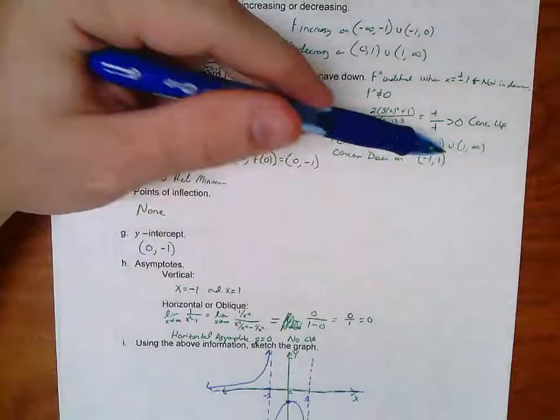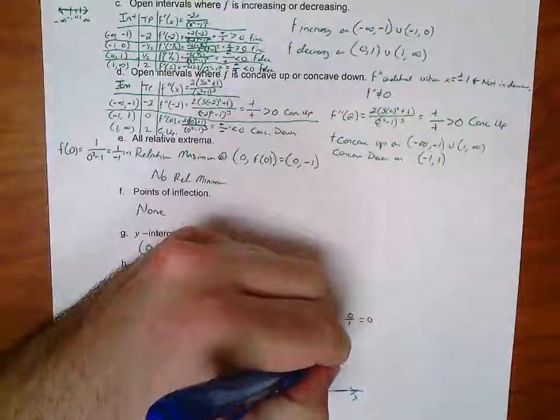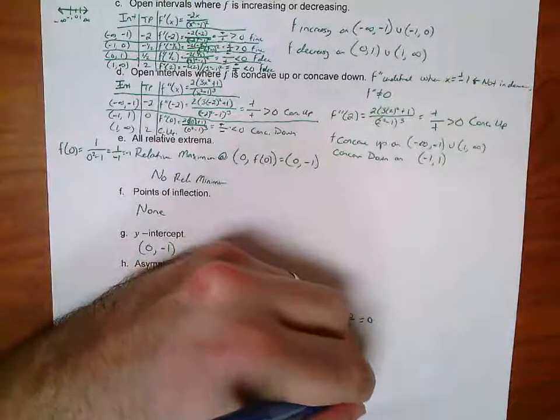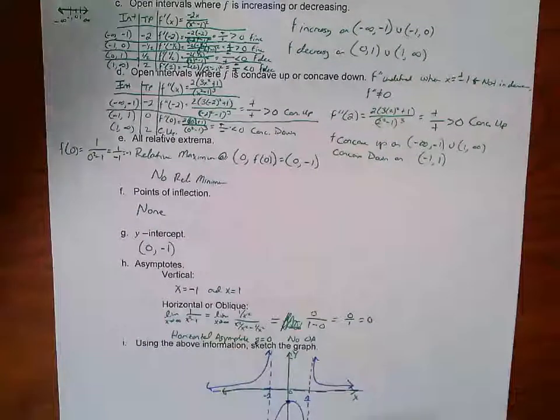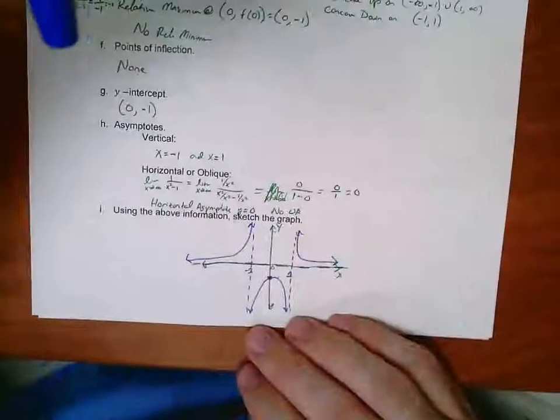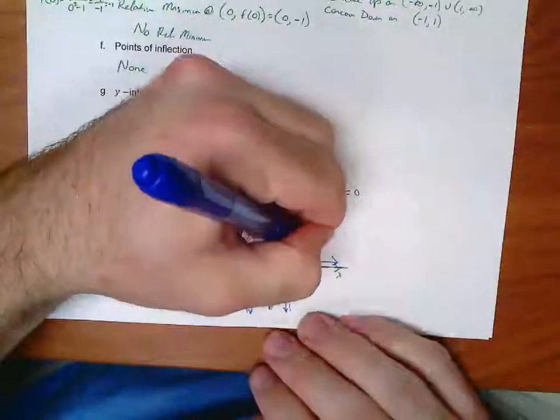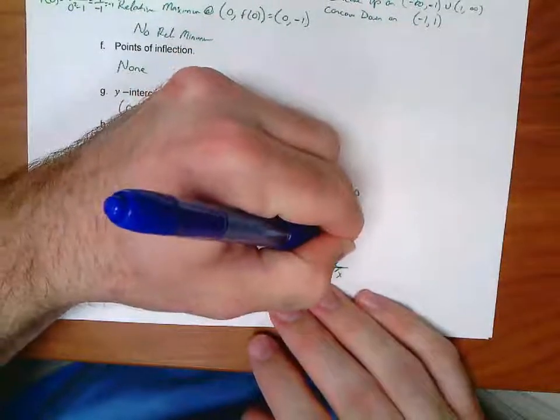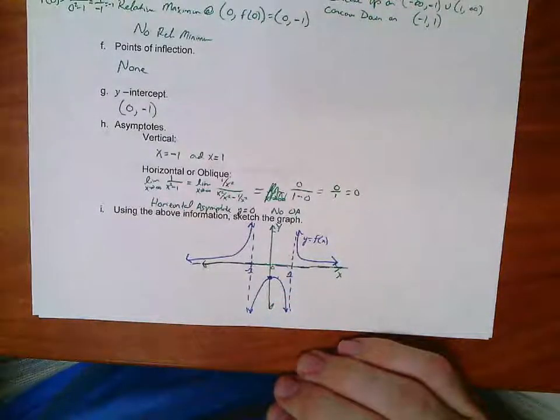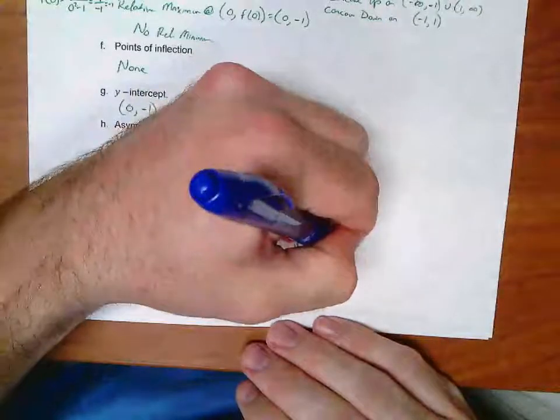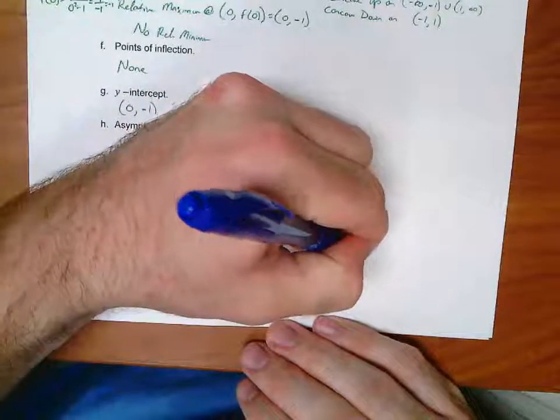So decreasing concave up, it's going to have to be up here. So going back to those pieces, it's going to look like that. So in the end, this is our graph for y equals f of x, whenever f of x is 1 over x squared minus 1.